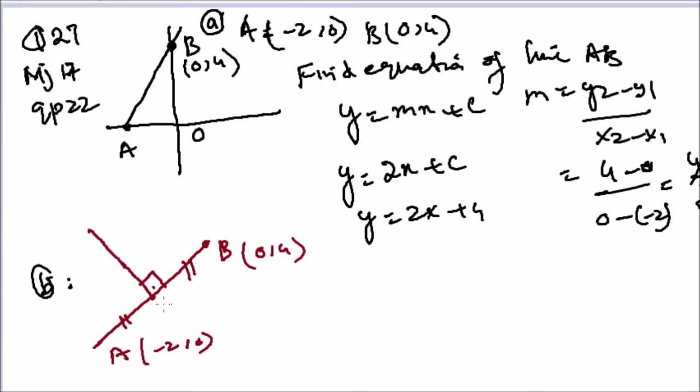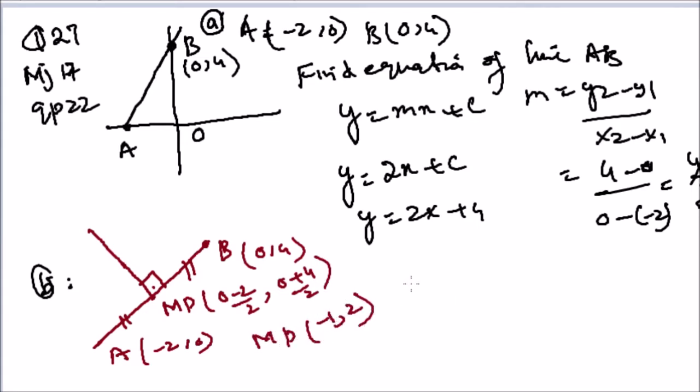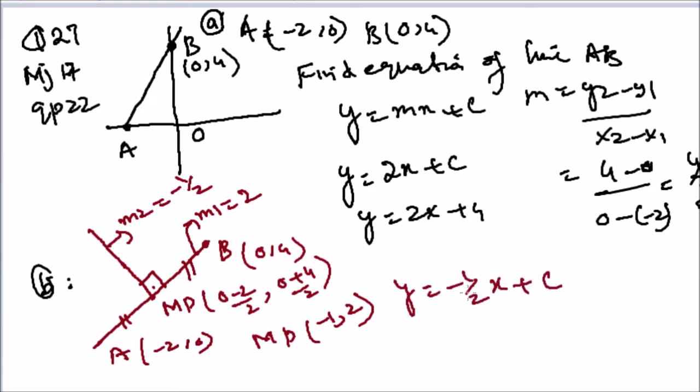So we need the midpoint here. Midpoint is 0 minus 2 over 2 and 0 plus 4 over 2. So we got the midpoint -1 and 2. Now the equation. The line is perpendicular, so the gradient of this one is m1, which is 2. Gradient of this one is m2, which is -1 upon 2. So y is equal to -1 upon 2 x plus c. How to find c?